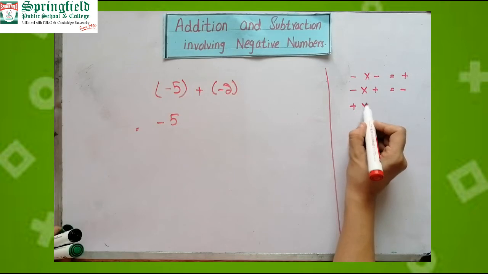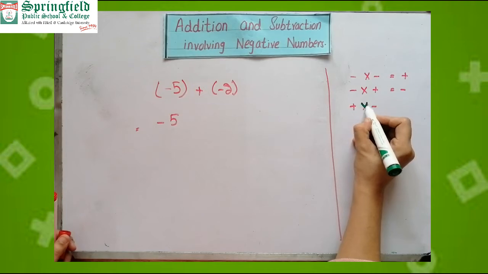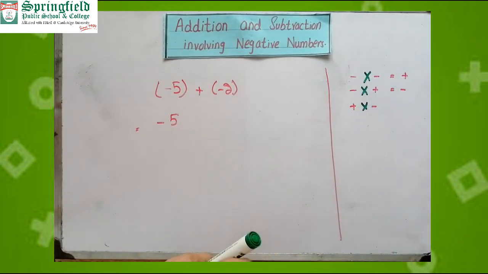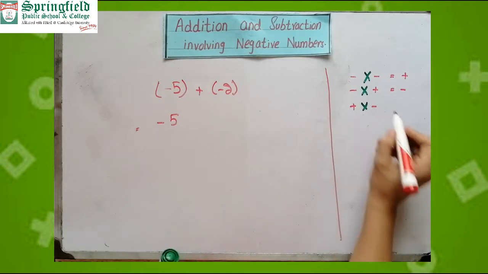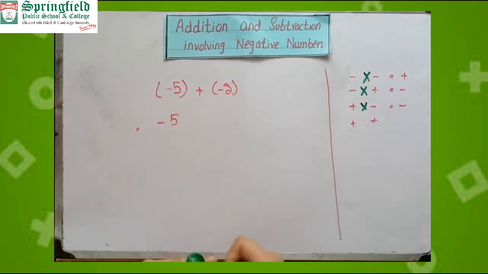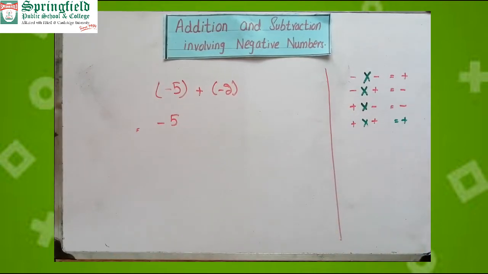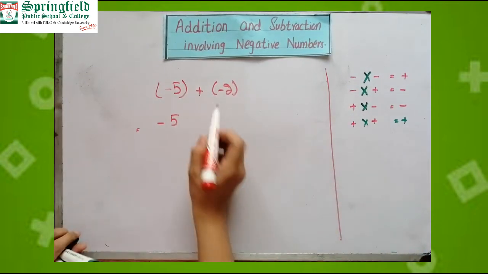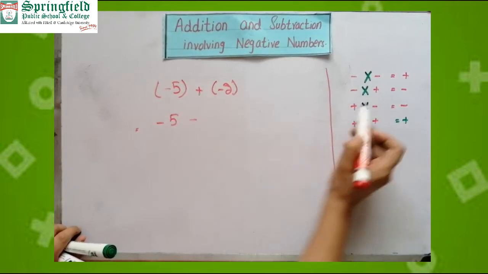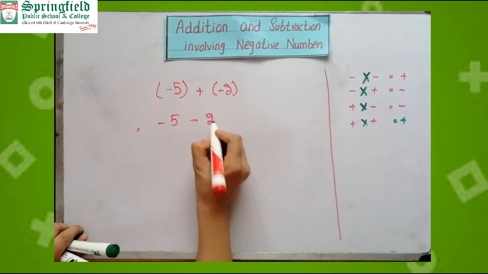And when plus sign multiplies with negative sign, it will be minus. These are the multiplication signs. Fine. Minus plus minus gives minus, and plus multiply plus gives plus. Understood? Okay.